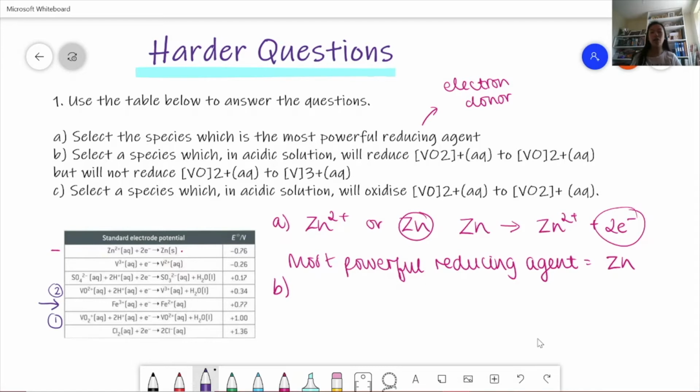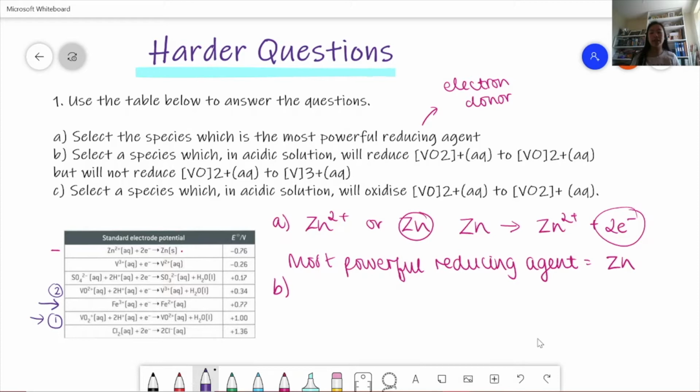And so now we pick one of the equations. So I'm going to look at the first equation. So the standard electrode potential, which is underneath the Fe3+/Fe2+. Now that one is being reduced. So that means that the VO2+ ion is gaining the electrons, like how they've written it in this equation.